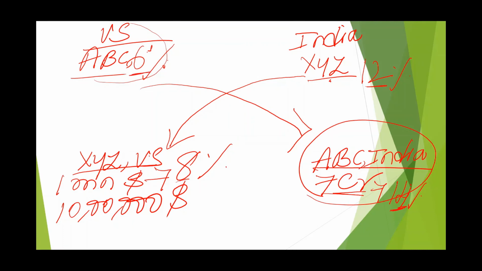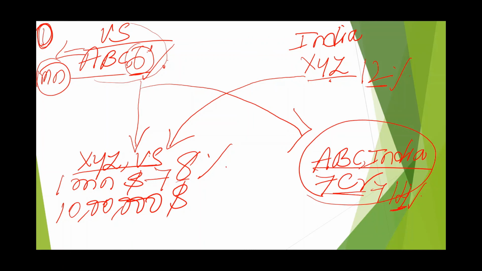Now, what can they do? Both can come to a mutual agreement and make a contract. What is that contract? US ABC company can borrow from a lender 1 worth around 1 million at 6%, and they can transfer it to XYZ US company.